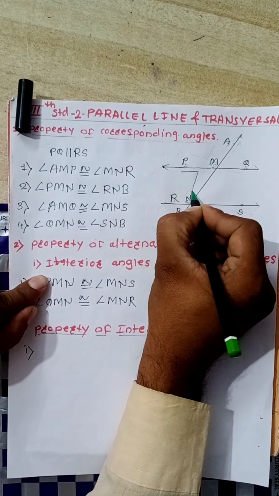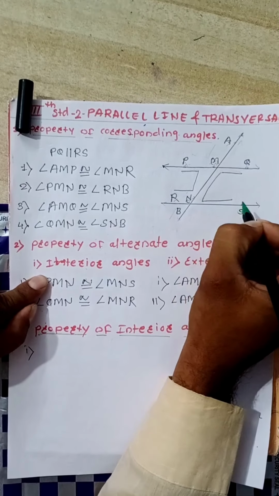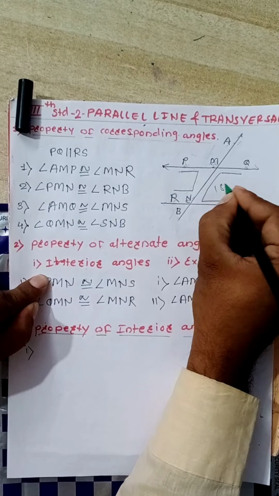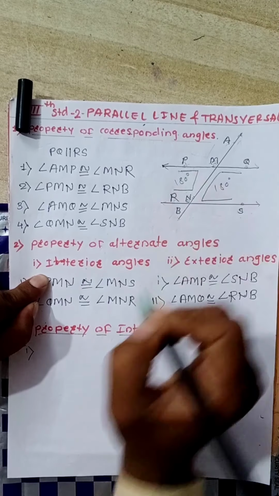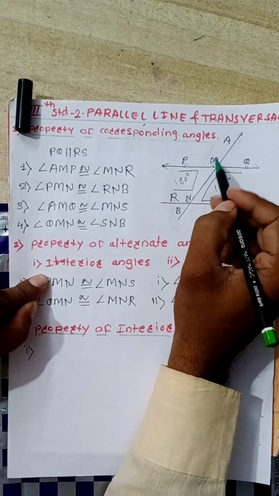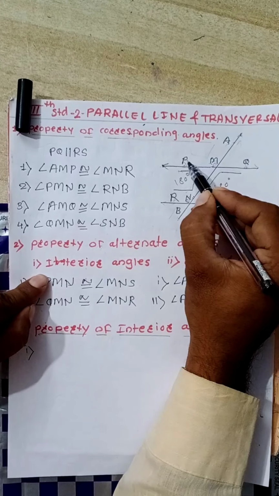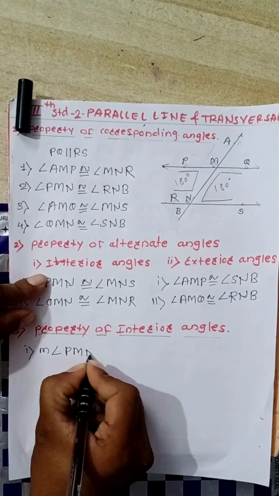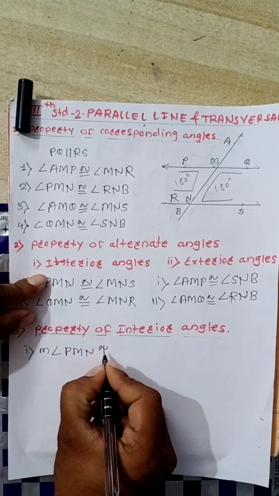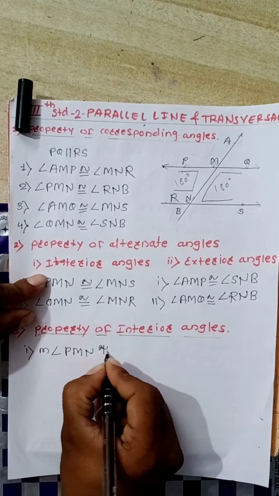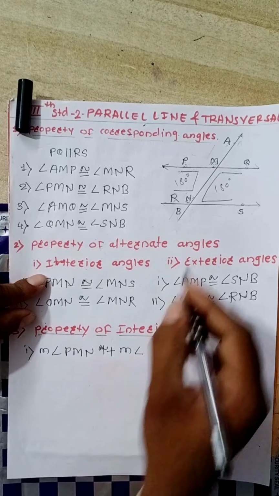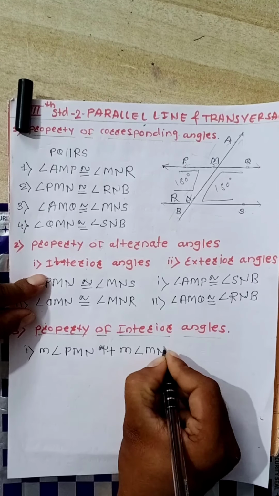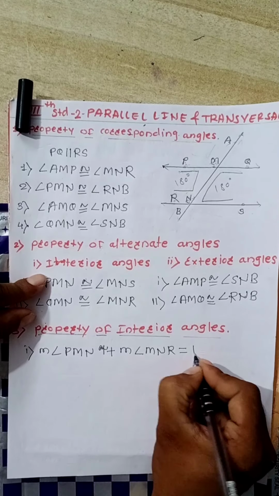Interior angles are supplementary angles. This is the property of interior angles, this type is interiors, and interiors sum to 180 degrees. So measure of angle PMN plus measure of angle MNR equals 180 degrees.